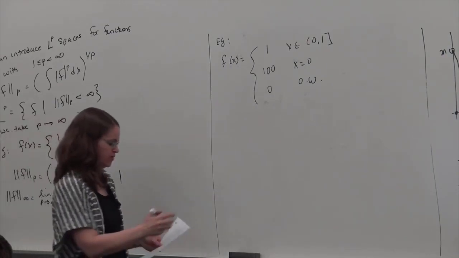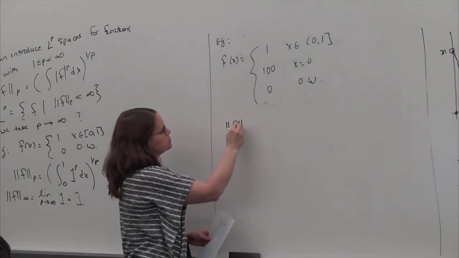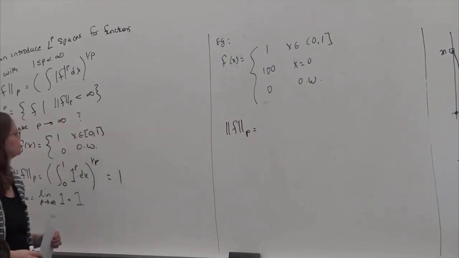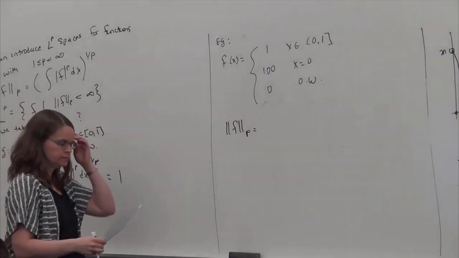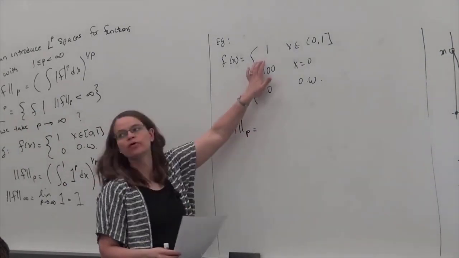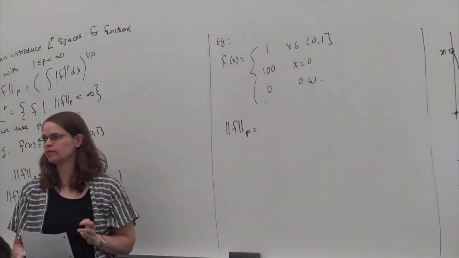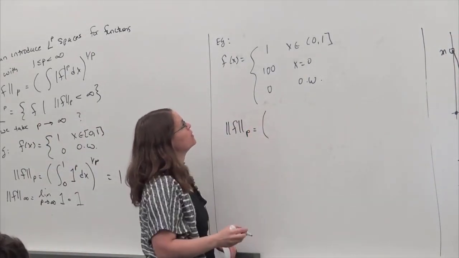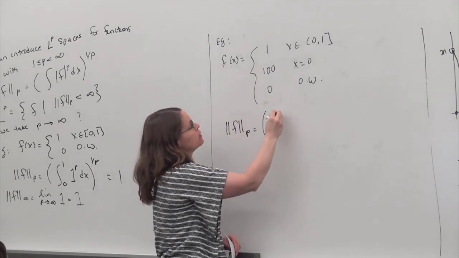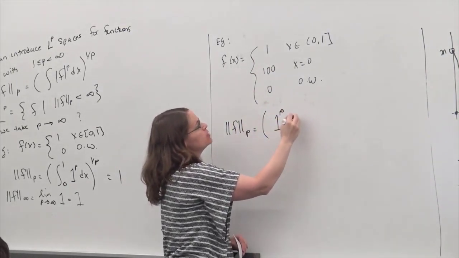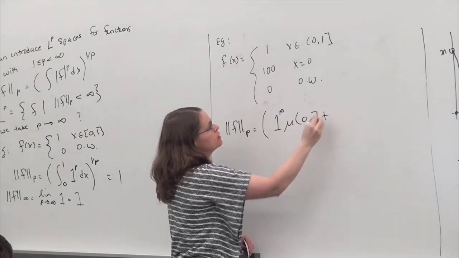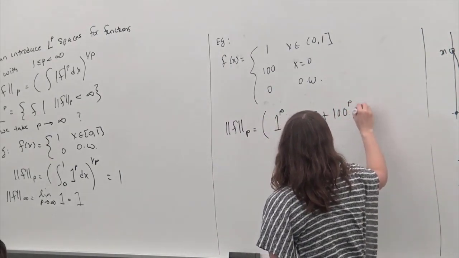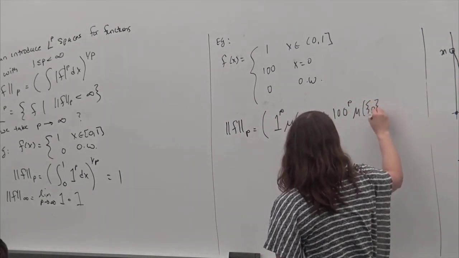And now let's work out the p norm of this. This is a simple function, and when we raise it to the pth power, it will still be a simple function. So what am I looking at? I'm looking at 1 to the pth power times the measure of this set, plus 100 to the pth power times the measure of this singleton.